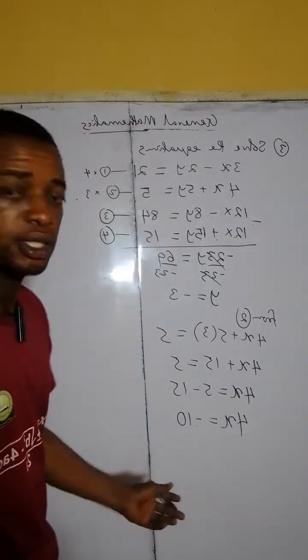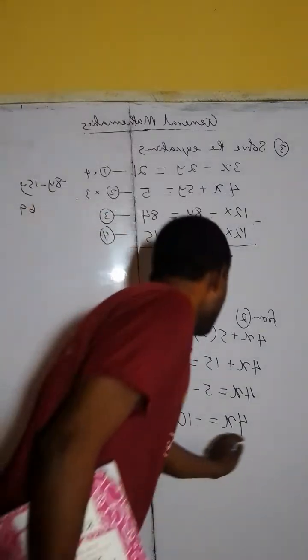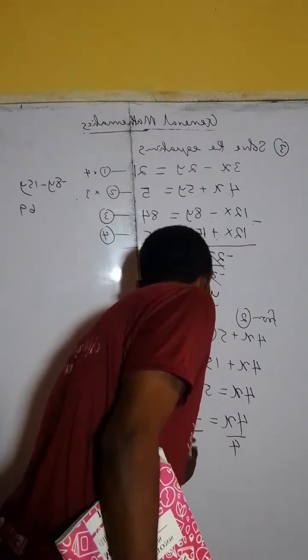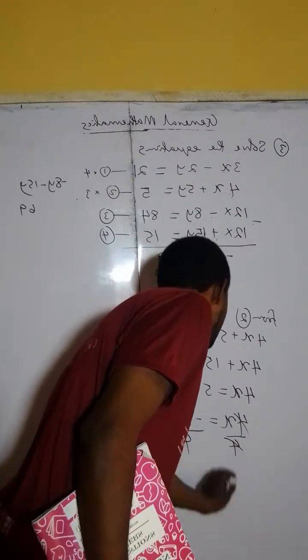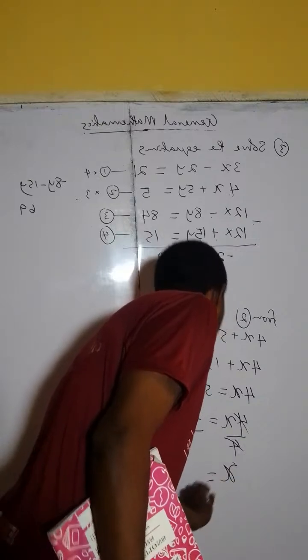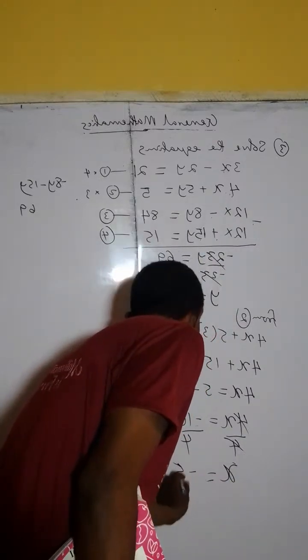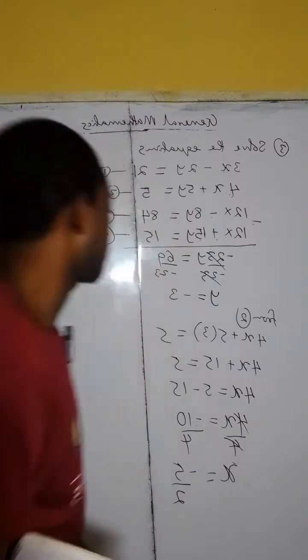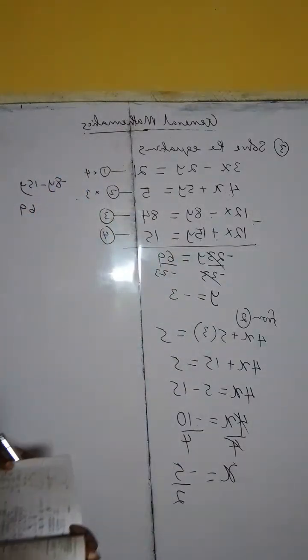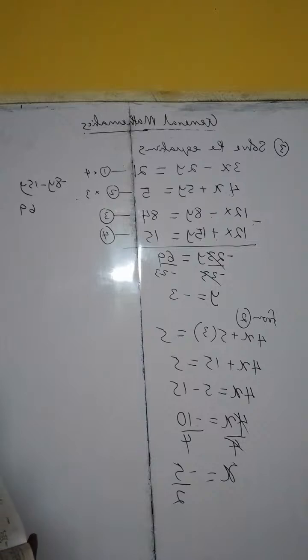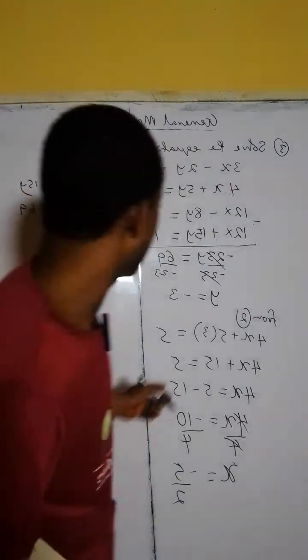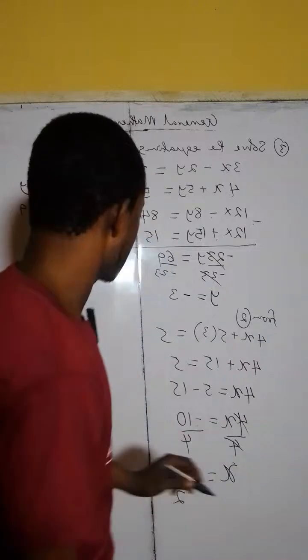Then divide both sides by 4. Okay, sorry, there's an error here. y is minus 3, not just 3.